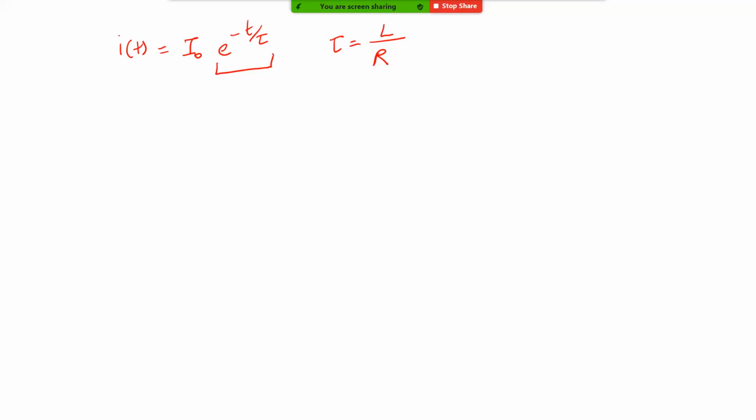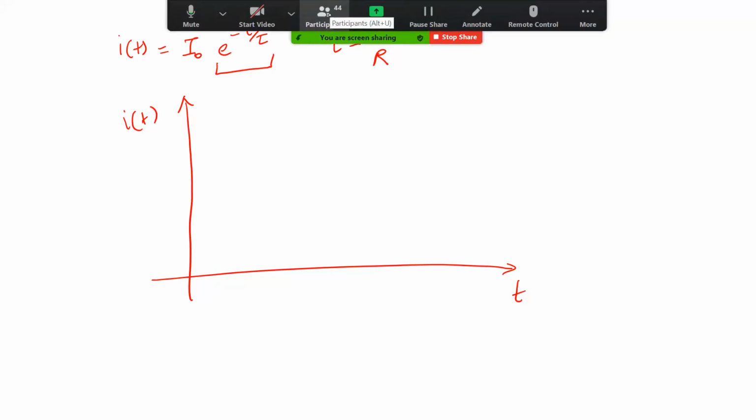Okay. So if you plot it in the time domain, that is to say the x-axis is time, and y-axis is, let's say, I of t. The analogous form would be applicable to RCs too, where in the case of RCs it will be the voltage, right?